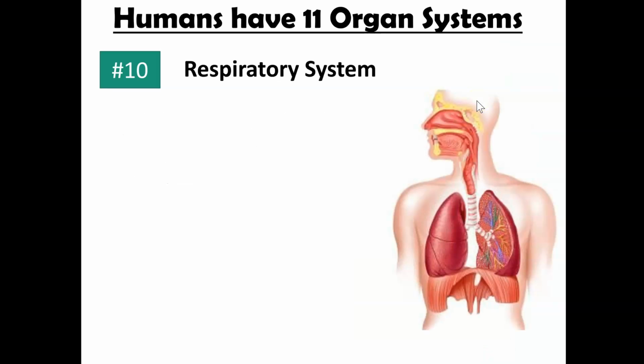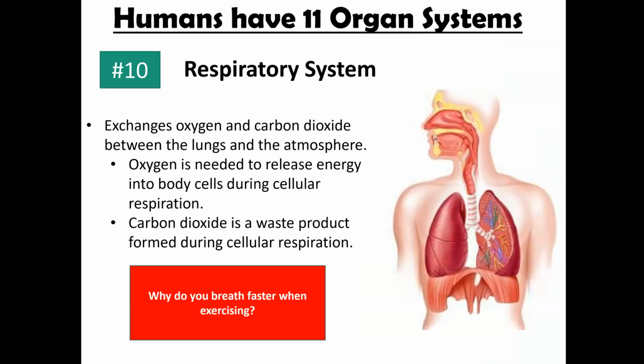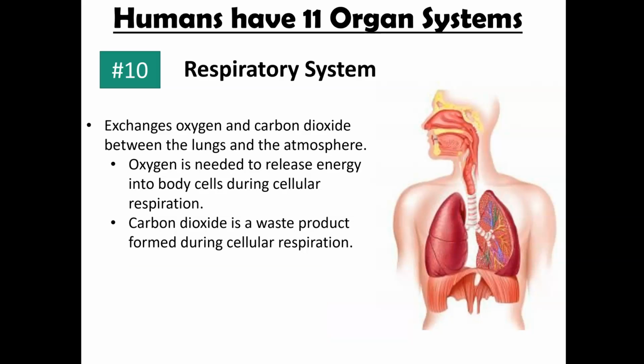And then number 10, the respiratory system. This is the system that is responsible for allowing you to breathe, to take in oxygen, and to get rid of carbon dioxide. So there's a gas exchange that takes place between the lungs and the atmosphere. Oxygen is needed to release energy into body cells during cellular respiration.